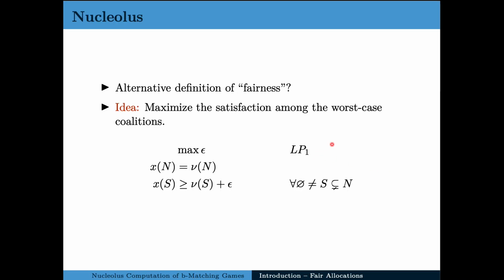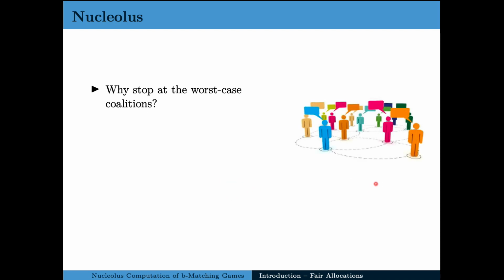So what can we do about that? The idea is to maximize the satisfaction among the worst case coalitions. This LP below formalizes the idea where among all allocations, we're going to maximize the minimum excess. So suppose we've done that already. Why should we stop at the worst case?